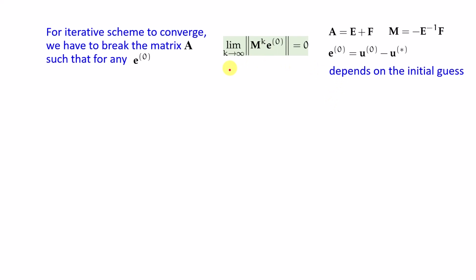Now, that sounds good, that this M^k e_0 going to 0, k tends to infinity, will be the condition of convergence, but that doesn't give us much really. M is minus E inverse F, so it depends on how we break the matrix. e_0 is the initial guess. It depends on initial guess.